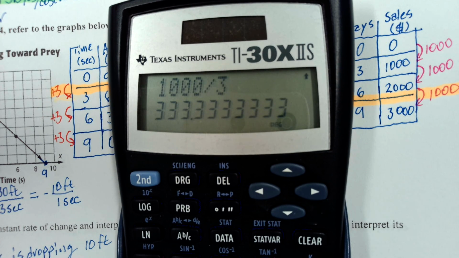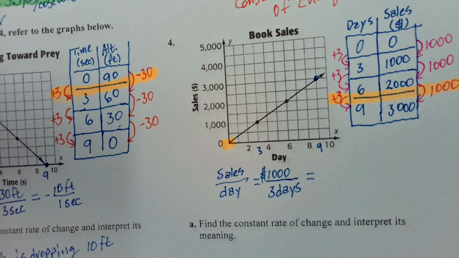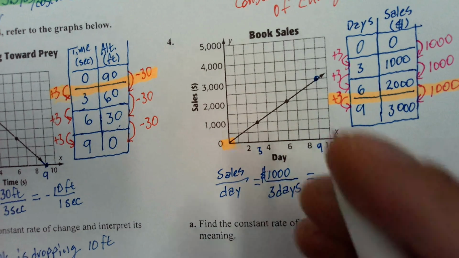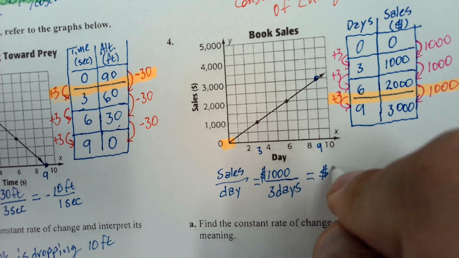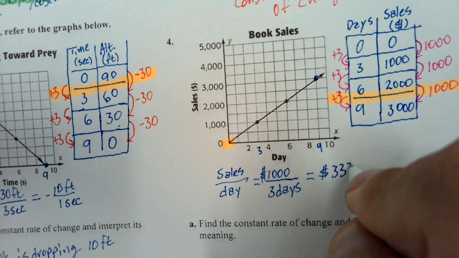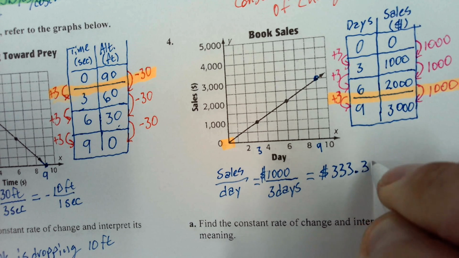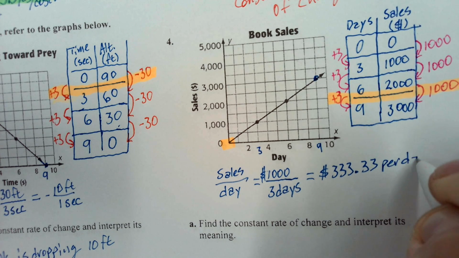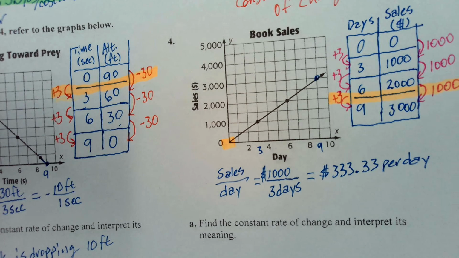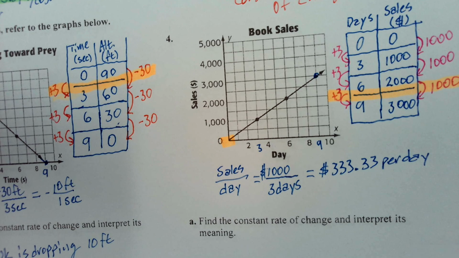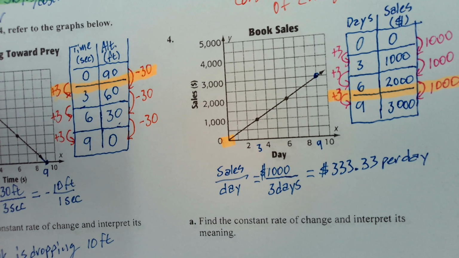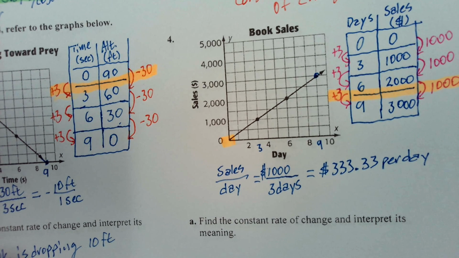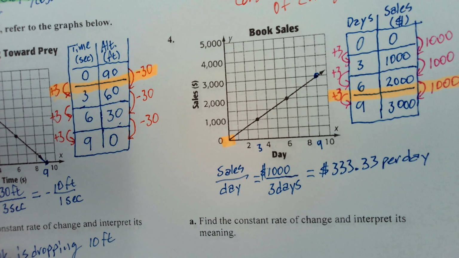It's $333.33 per day. Okay. So we could say the constant rate of change means they sold $333.33 worth of books per day.